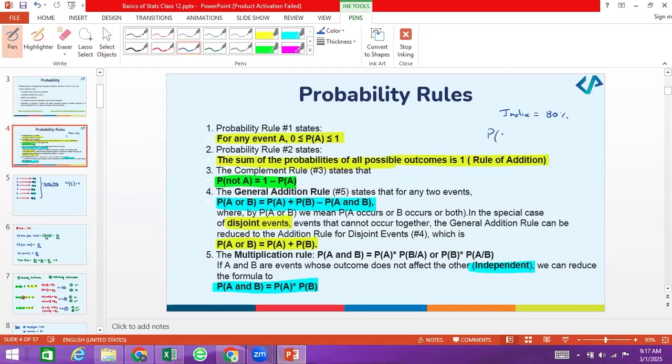What is the probability that India will not win? 1 minus probability of winning, which is 1 minus 0.8, which is nothing but 20%. This is what the complement rule is. So probability of not something happening is 1 minus probability of that thing happening.